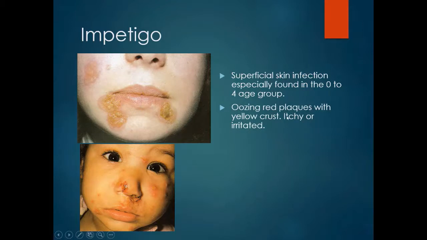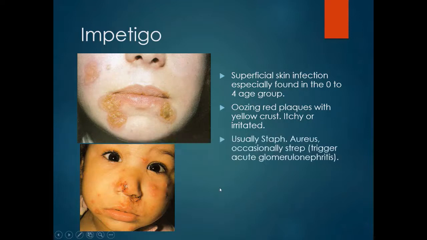As we mentioned, you get the oozing red plaques with yellow crust, found in the 0 to 4 age group, usually Staph aureus, and keep in mind that these things can trigger acute glomerulonephritis, even though that is uncommon. You keep that in mind in children.